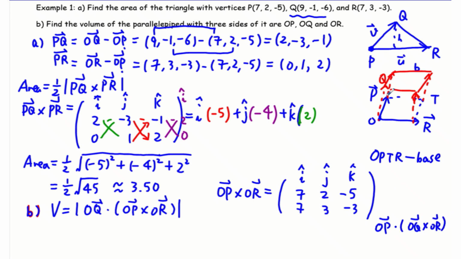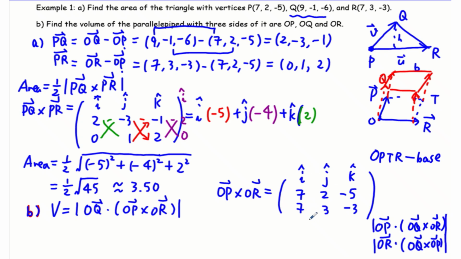It doesn't matter which one you treat as the base, as long as it's the three of them, dot product times cross product, they give you the same volume. You also could write OR at the front, then dot product with OQ, OP. They will give you the same answer for magnitude because the volume doesn't change.